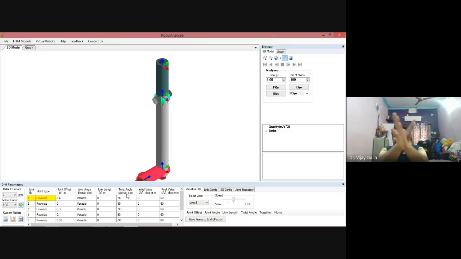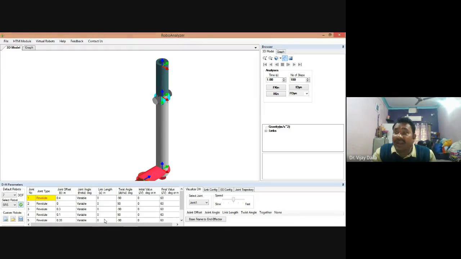Okay, both are intersecting each other, like this one. So how much it got twisted, whatever the angle between these two axes will be, is the twist angle. Once again, the four parameters are the joint offset, joint angle, link length, and twist angle.